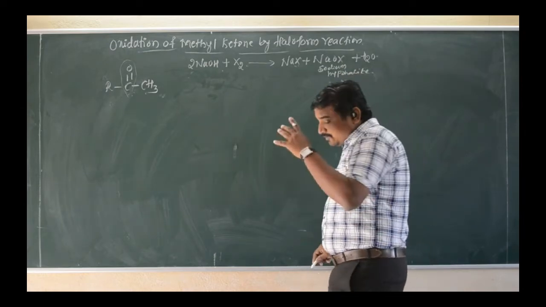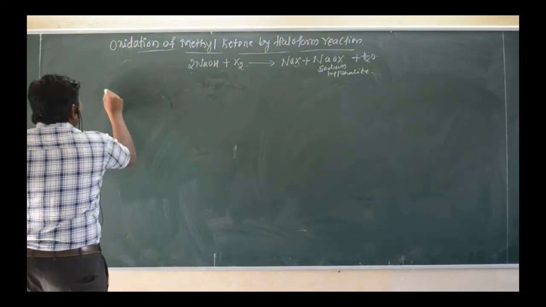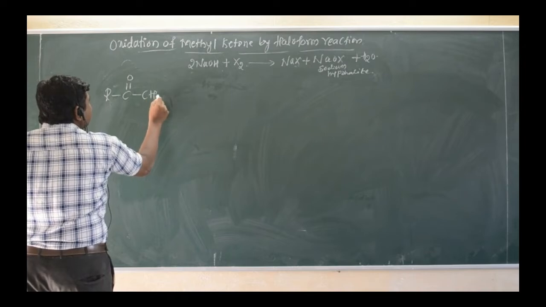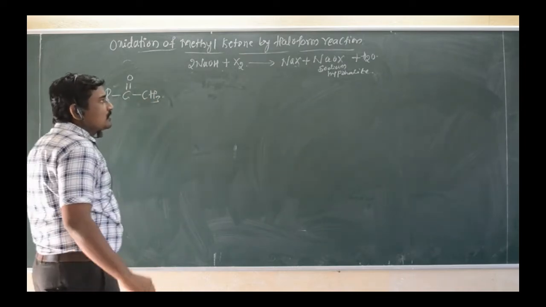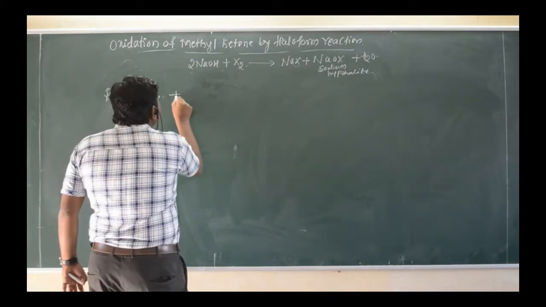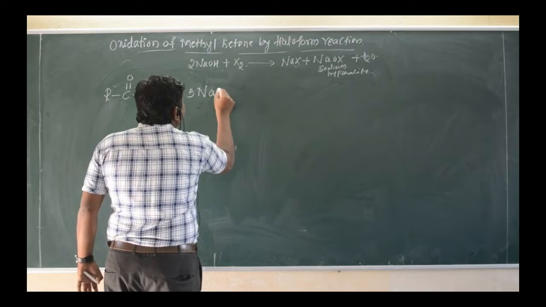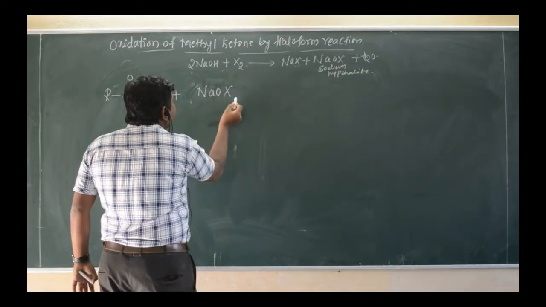So this is the production of sodium hypohalite. Now I will write a reaction: the ketone where the carbonyl carbon is at least attached to one methyl group reacts with sodium hypohalite. I have given the general sodium hypohalite formula NaOX.